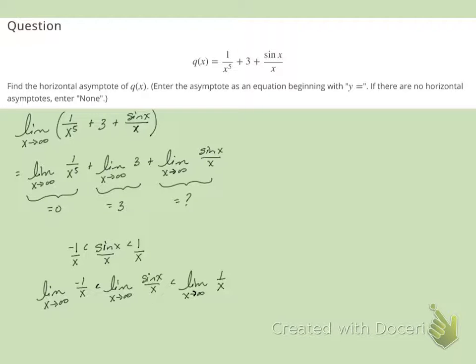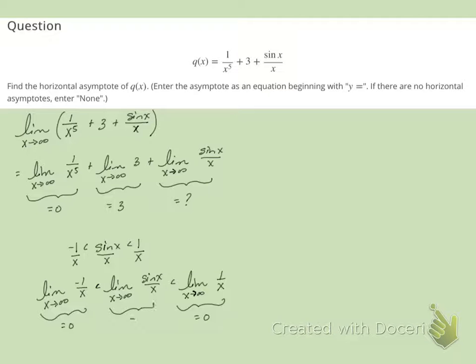And so we know that this equals 0, and we know that this equals 0, for the same reason we said above, that the limit as x approaches infinity of 1 over x to any positive power is going to equal 0, which means that the limit as x approaches infinity of sine of x over x has to equal 0.